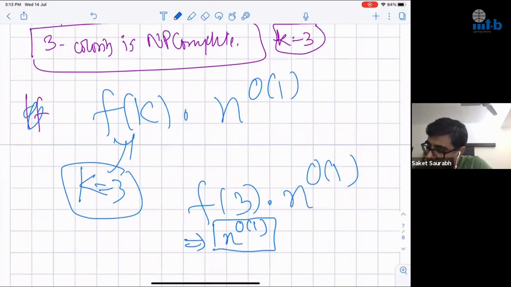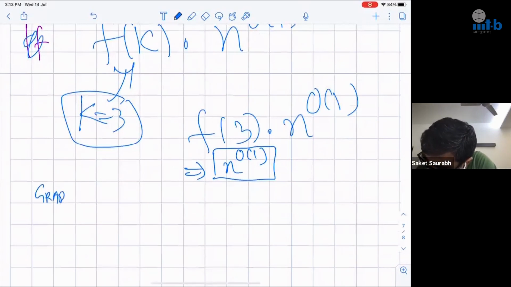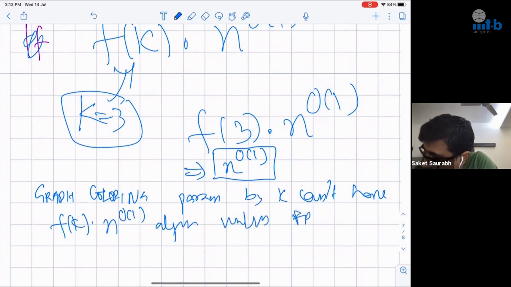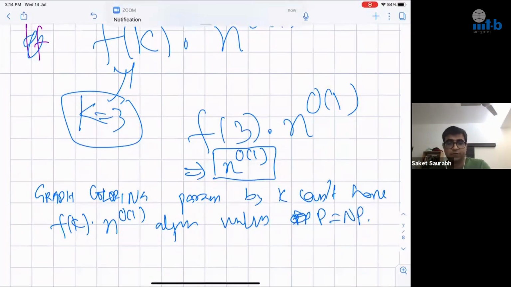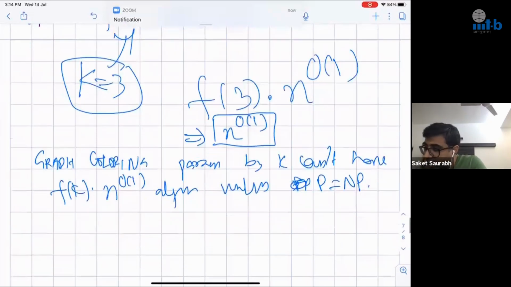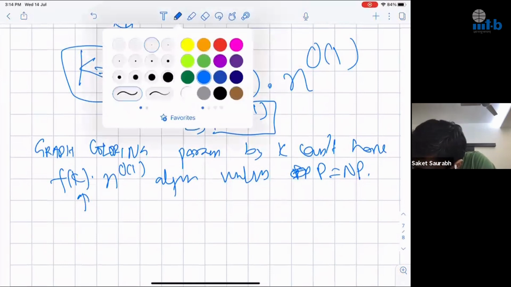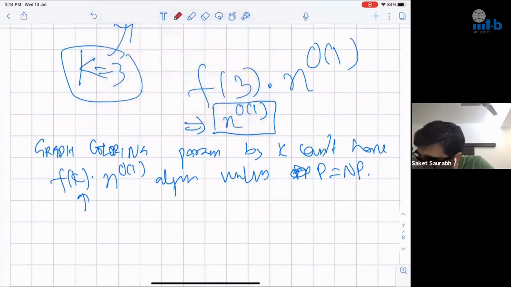So graph coloring parameterized by k can't have an f of k n to the power big O of 1 algorithm unless P equals NP. In fact, we can say something even stronger: I can't even have an algorithm with running time n to the power f of k for any function f.